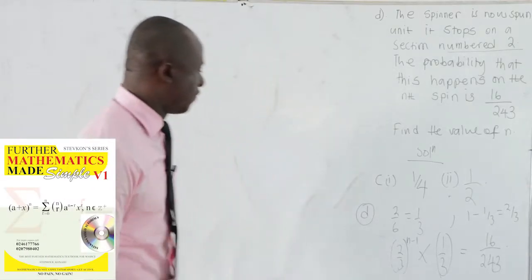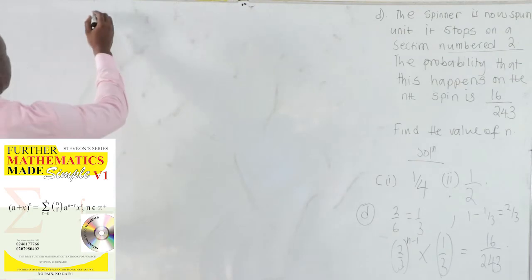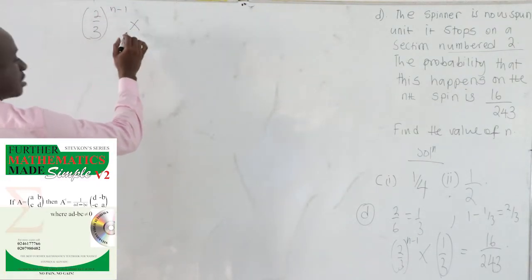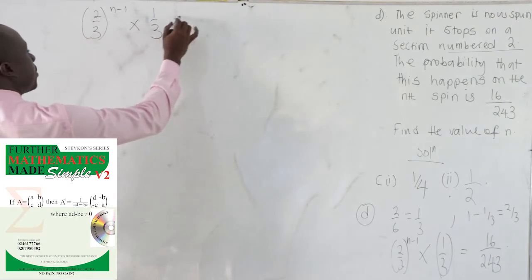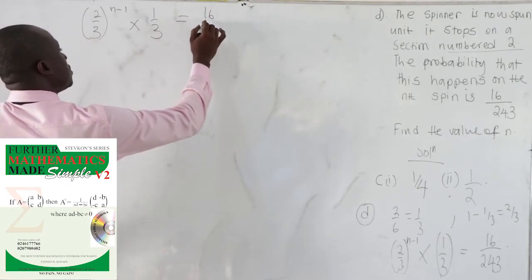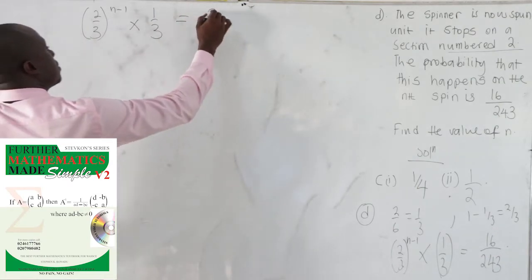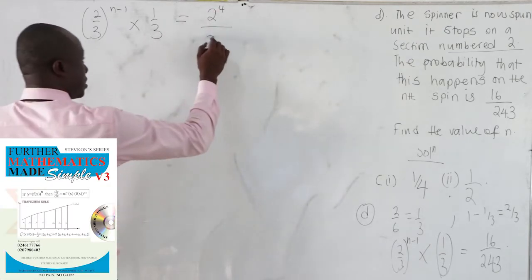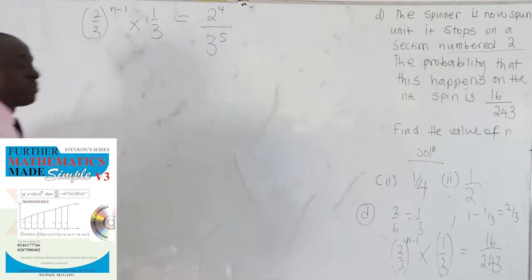Okay, so working for n, we have 2 over 3 all to the power n minus 1 times 1 over 3 equal to 16 over 243. We can express 16 as 2 to the power 4, and 243 as 3 to the power 5.